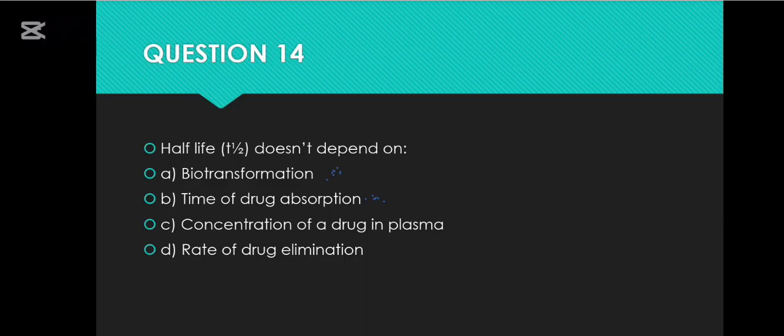The rate of drug elimination does not affect the half-life of a drug. Actually, this one does.